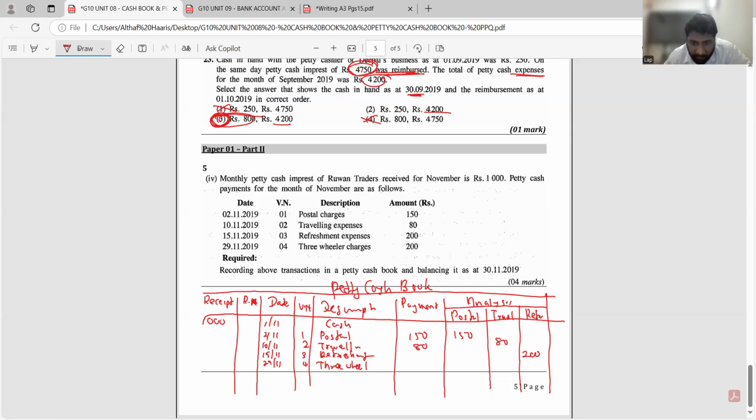Three-wheeler travel 200. Then here we have a total of 400, 550, 630. We have a total of 630.